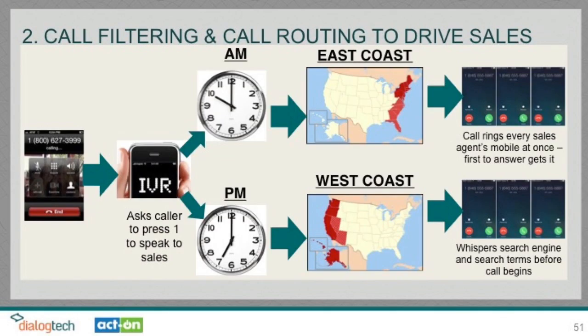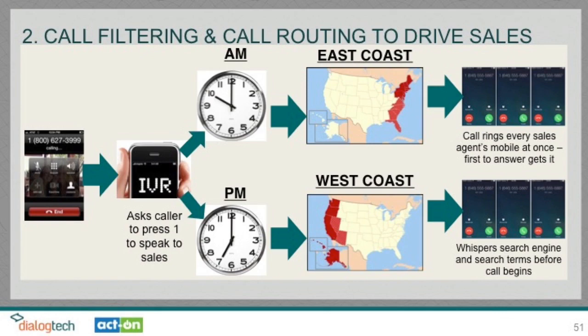Now, when calls came in, they sent the caller initially to a simple IVR that asked the caller to press 1 in order to speak to sales. When someone does that and shows intent that they're a sales lead, they were then routed differently based on time of day.